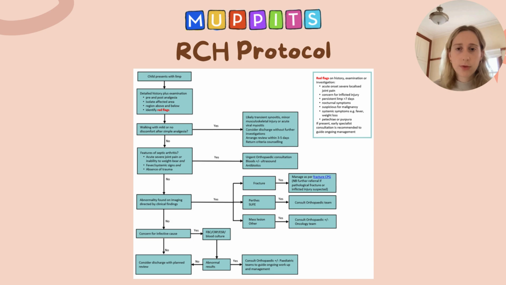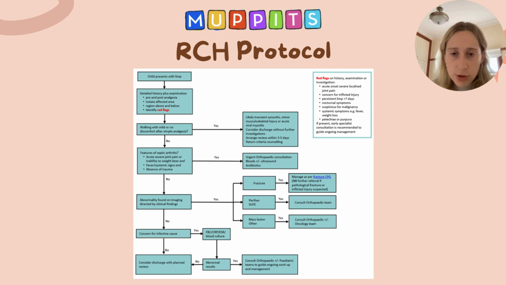So this here is the protocol that the RCH has if a child presents with a limp. First of all, it says that a history and exam should be performed, and particularly do an exam pre and post analgesia, because as discussed before, if analgesia is quite effective, this likely rules out a septic arthritis.